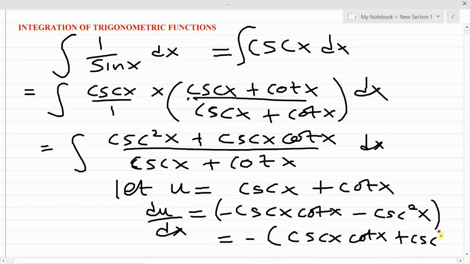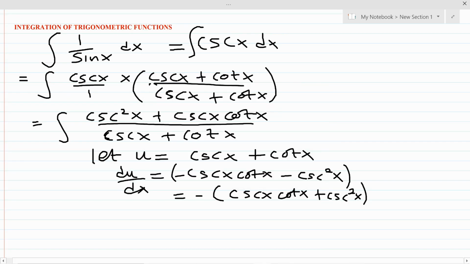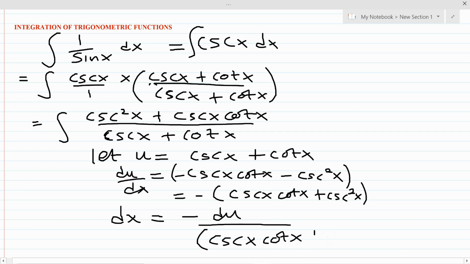That's my du dx. So now with all this, it means that my dx is actually equal to negative du over cosec x cot x plus cosec squared x.